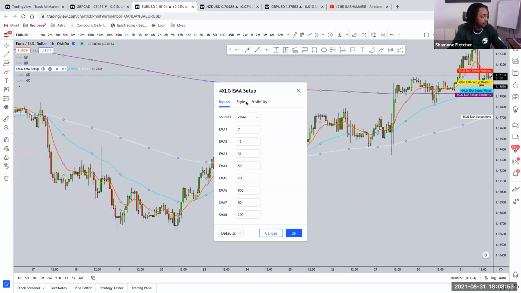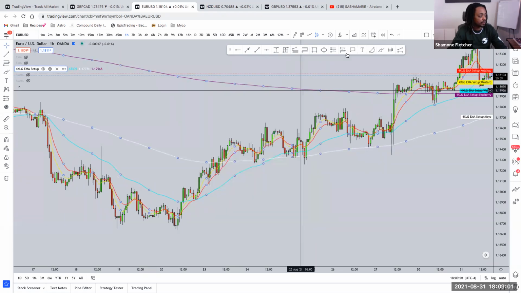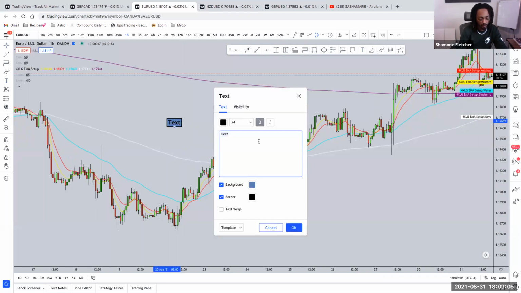So the settings: the 7 is mustard. Write this down if you guys are taking notes. I'll write this down for you guys too. 4XLG: mustard, 7 EMA.